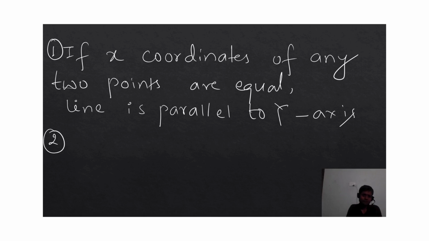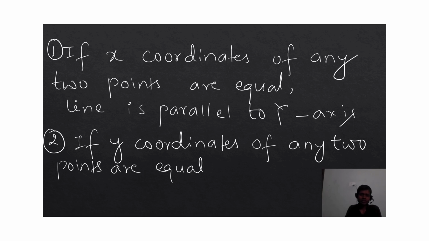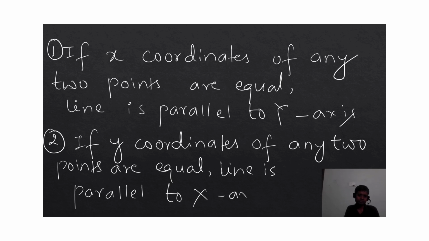And in the second point what we learned? If the y coordinates of any 2 points are equal, as in the example we learned just now, then we found that the slope was 0. In such a case the line is parallel to the x-axis. So these are the 2 points.